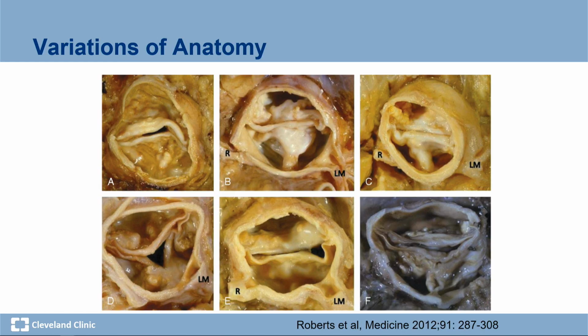This is a very old classic paper by Robert Roberts showing the most common variants, but my point in showing this slide is that there can be bicuspid aortic valves that have a very small raphe and are very mildly fused.